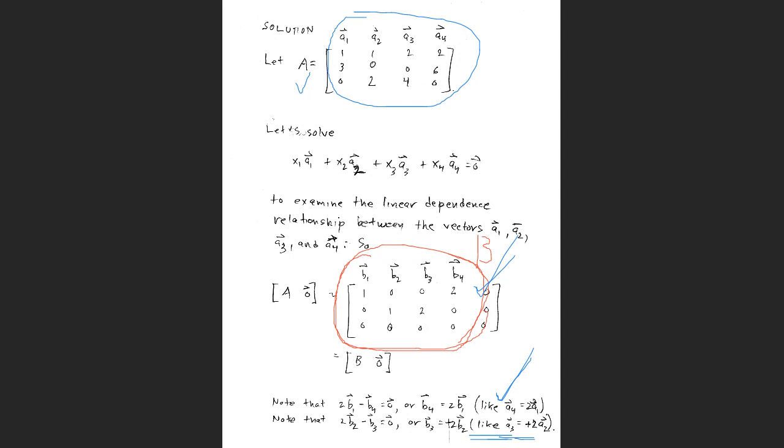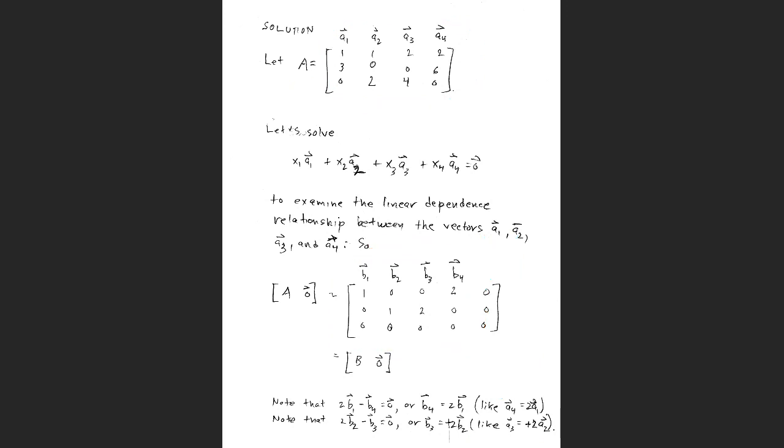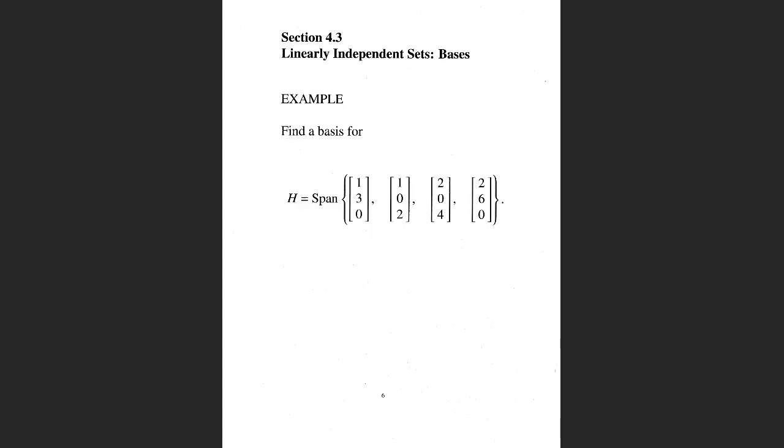Now let me ask you this. Let's focus on the vectors. So what vectors are going to form a basis? I mean, originally here, this was the problem: find a basis for the span of these four vectors.